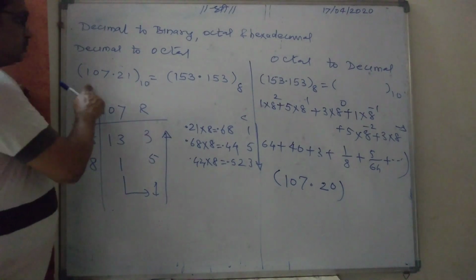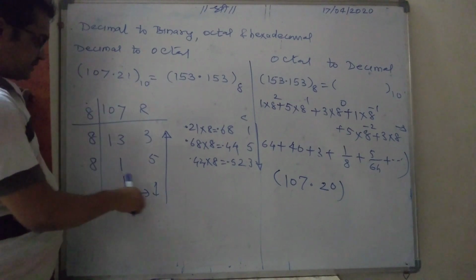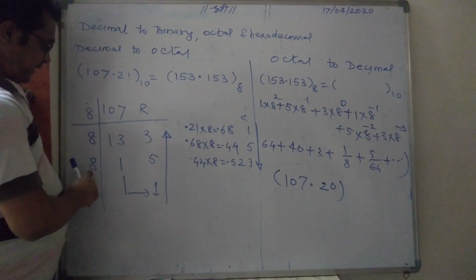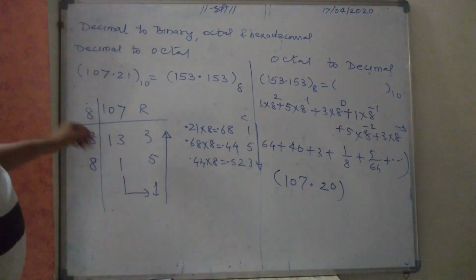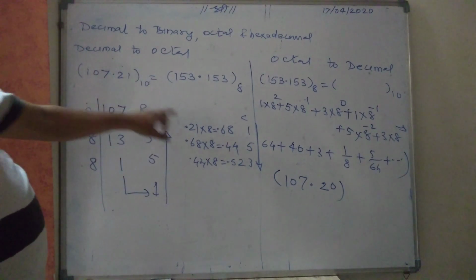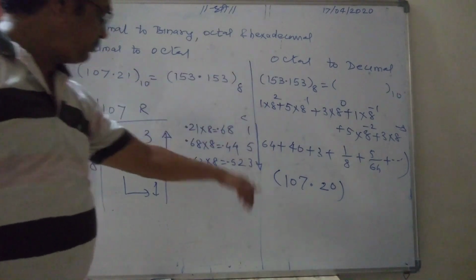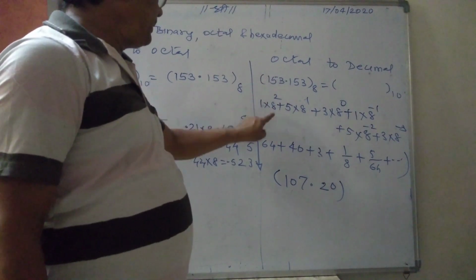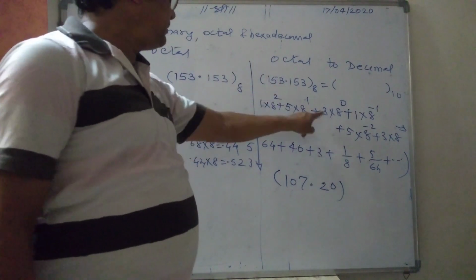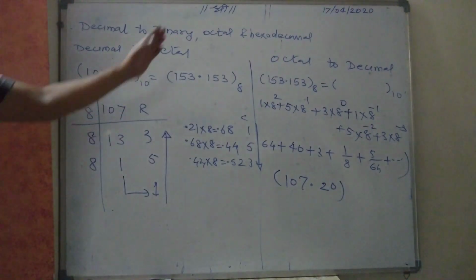So to convert into octal, divide by 8 till the division is terminated. 1 cannot be divided by 8, so carry this one here and write the number from bottom to top. For the fractional part, multiply by 8, write down the carry, and write the number from top to bottom. Here 1, 2, 3: this multiplied by 2, this by 1, this by 0, minus 1, minus 2, minus 3 powers of 8. So this is octal to decimal.